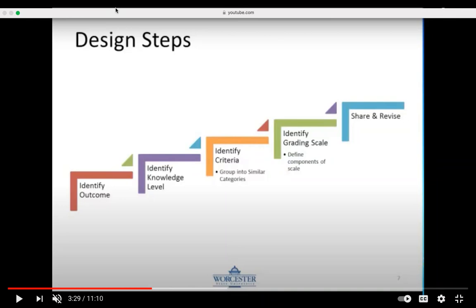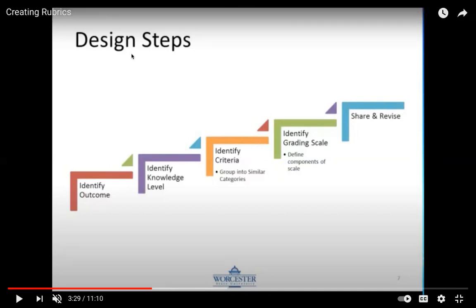So this rubric needs to provide us information about the outcome that comes from the students. Any rubric needs to show us the level of knowledge in a student. This rubric needs to show the students what criteria we are applying. So what are the characteristics that we are evaluating or assessing?